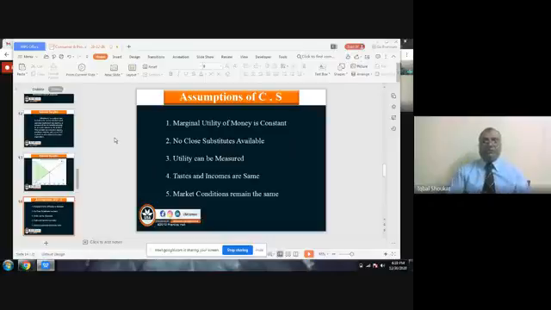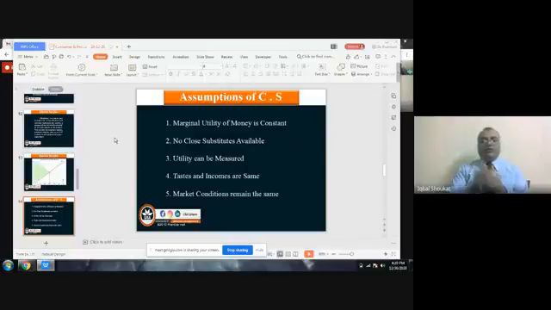Very simple example. For example, the consumers are willing to pay rupee 50,000 to buy this cell phone, let's suppose. And in the market, by the forces of demand and supply, the same cell phone is available at rupee 20,000.